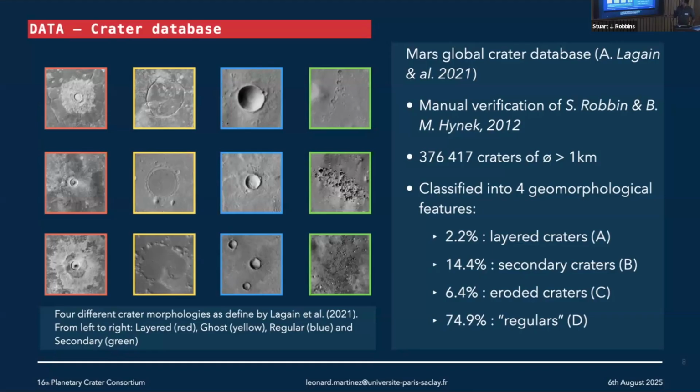Here we have ghost craters, which are craters that were erased by erosion or by a resurfacing event. Here in green, we have secondary craters, which are the products of primary impacts, and the other class is the regular craters, which have nothing particular to declare.